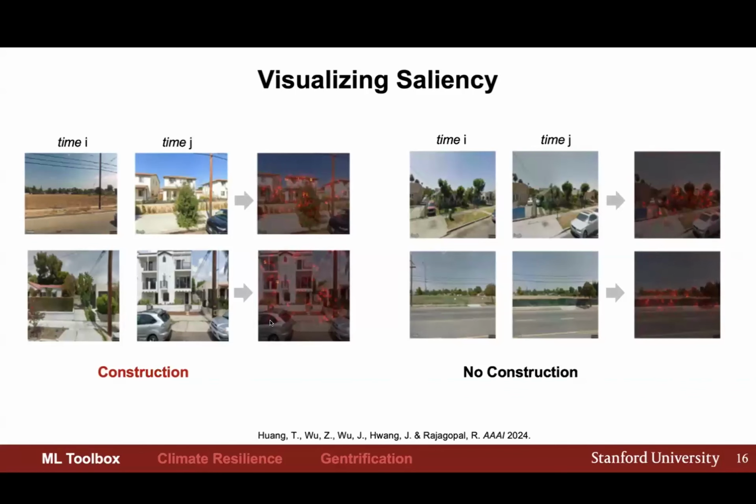After using this data set, we train this change detection model, and we can visualize how this model makes decisions. For example, if we provide labels on buildings, by visualizing the saliency, which is like the weights of the AI models, how they are paying attention to the inputs, they're paying more attention to the red dots compared with the backgrounds.